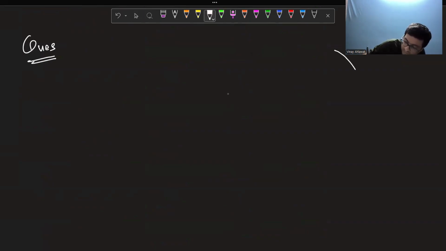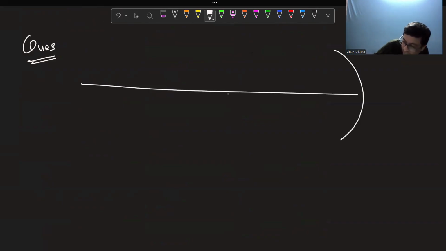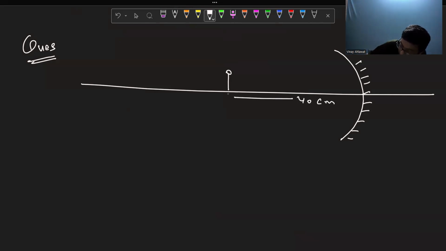This was a mirror. This was the object, and this was, suppose, 40 centimeter. Focal length was 30 centimeter. The height of the object is, suppose, 3 centimeter.